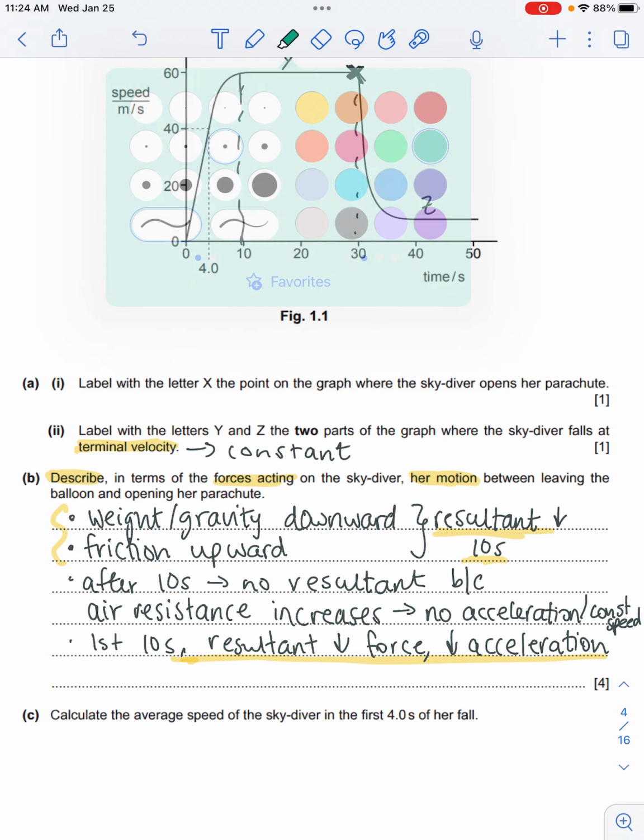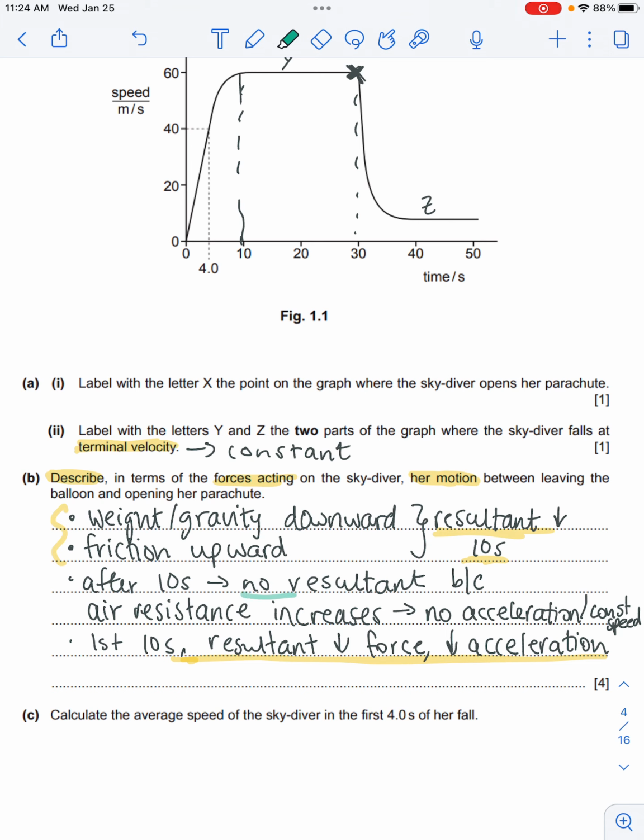And then for the second bit, when we have no resultant force, we say that it comes from the fact that the air resistance has increased, and we've also talked about not just when the force is happening, but how she's moving, which is no acceleration and constant speed. And then for part C, we need to find the average speed in the first 4 seconds.